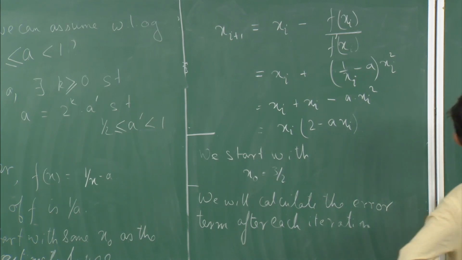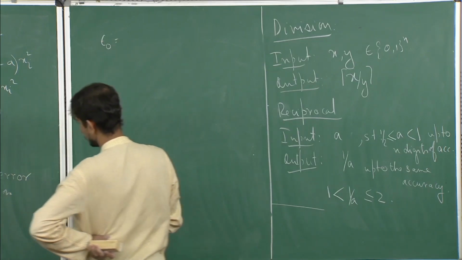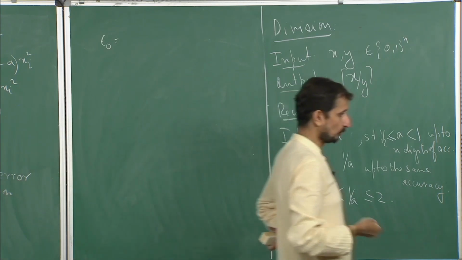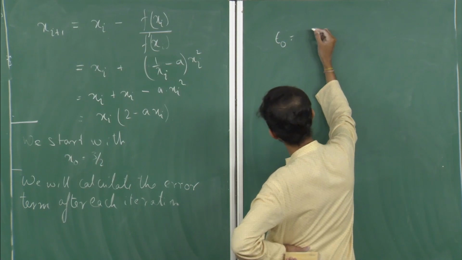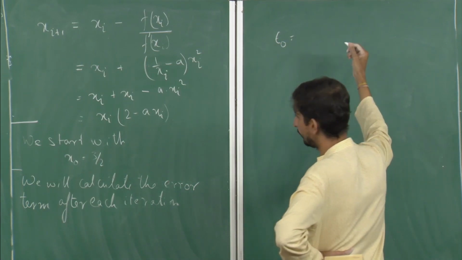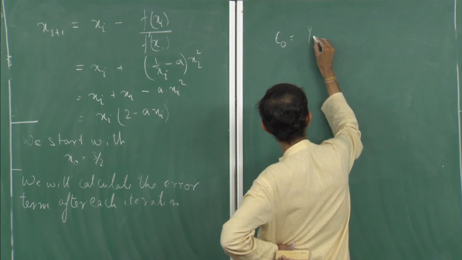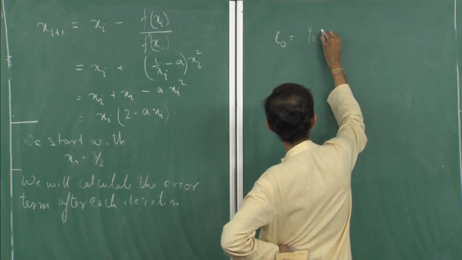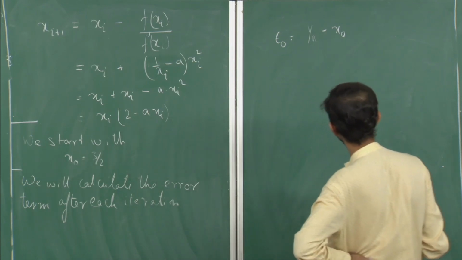So what is the error term initially? Initially I will have epsilon 0, which is equal to 1 over a minus x0. So x0 I start with 3 by 2.